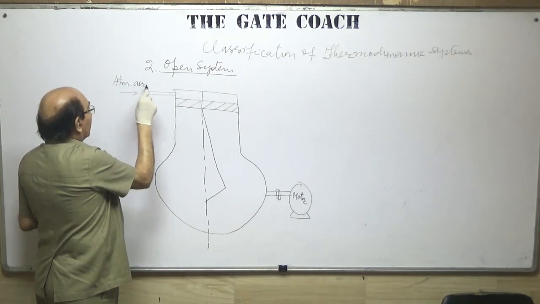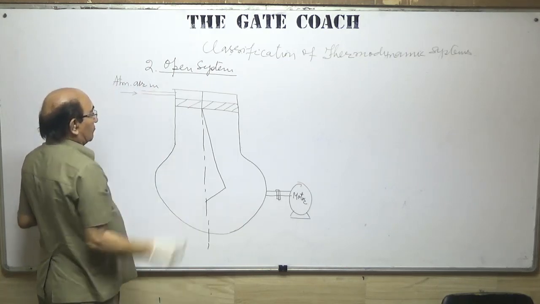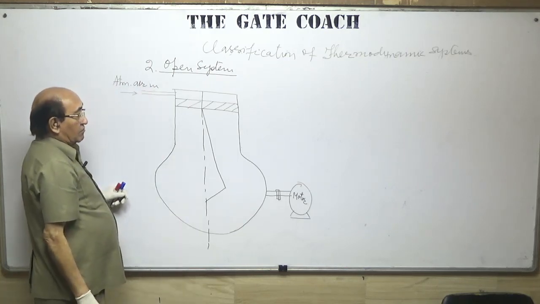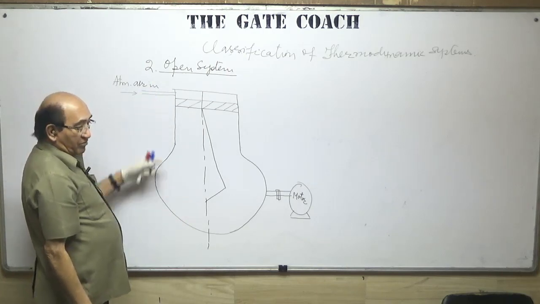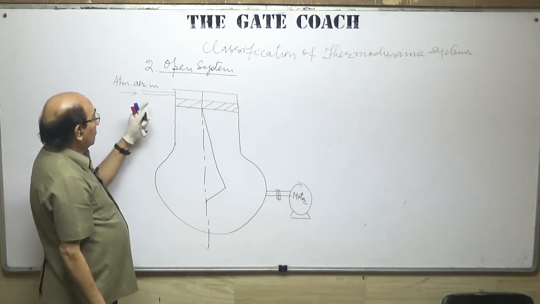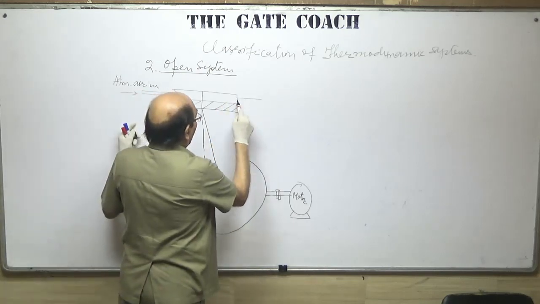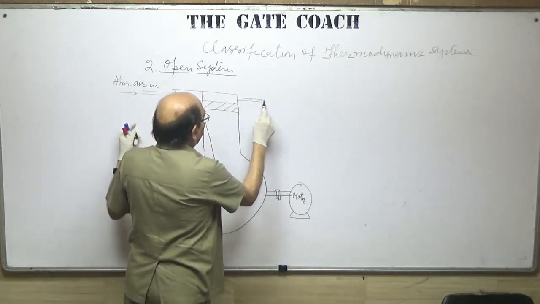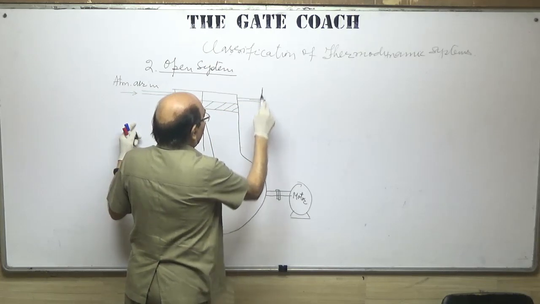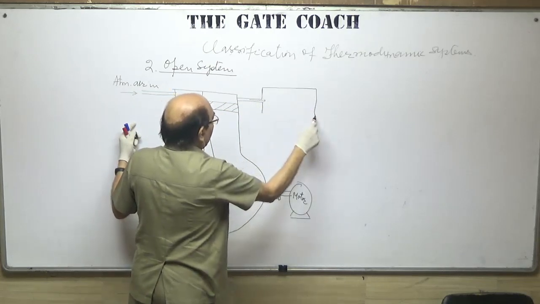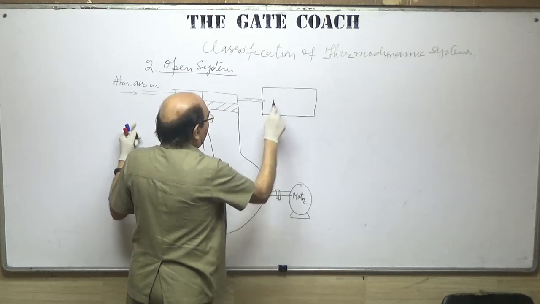Atmospheric air is taken in because of the reciprocating movement of the piston. This air is compressed, and the compressed air is then collected in a receiver.